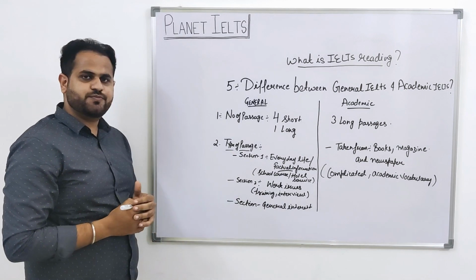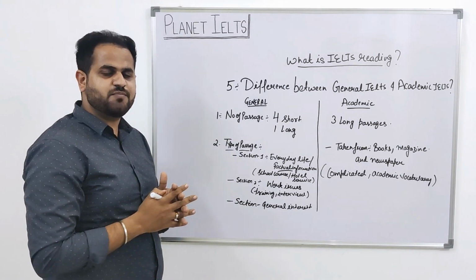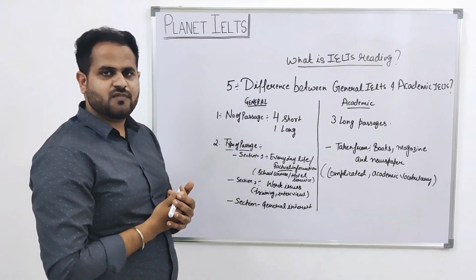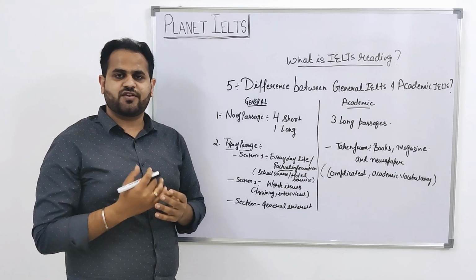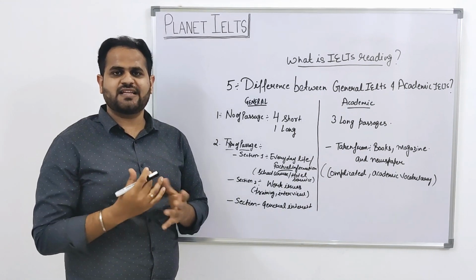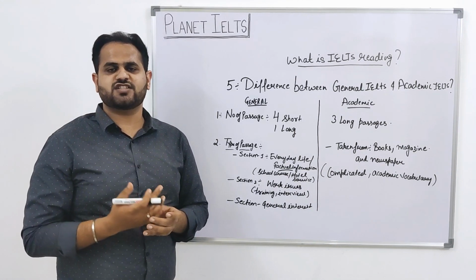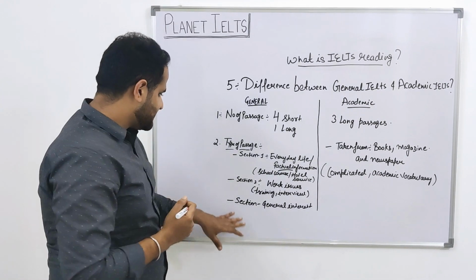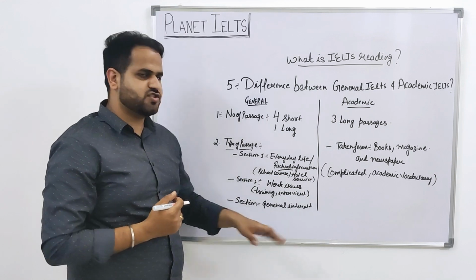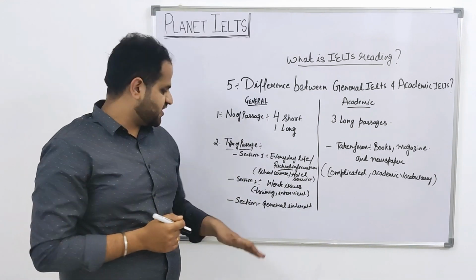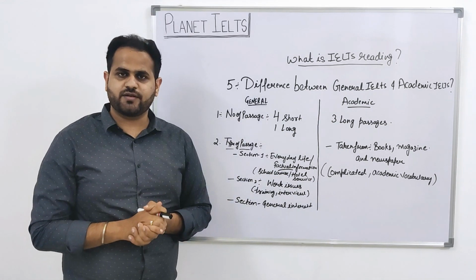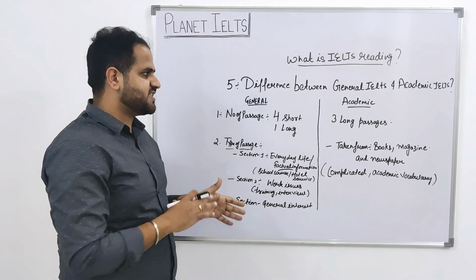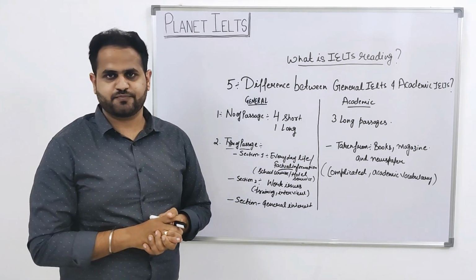In section 2, they are going to mention something related to work, like interviews, training, or any problem or any solution that is related to working. Section 3 is going to be on general interest. Section 3 is going to be the most difficult one, and it is going to be similar to academic one.